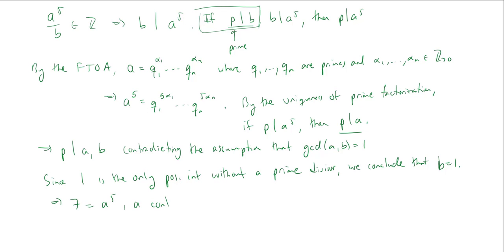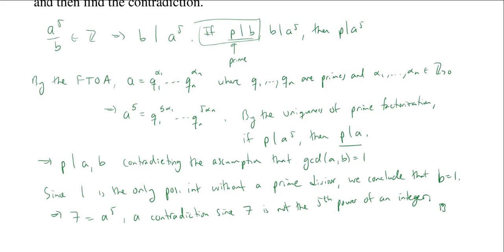And this is a contradiction, since 7 is not the 5th power of an integer. So in either case, we are able to get a contradiction, and that finishes the argument.